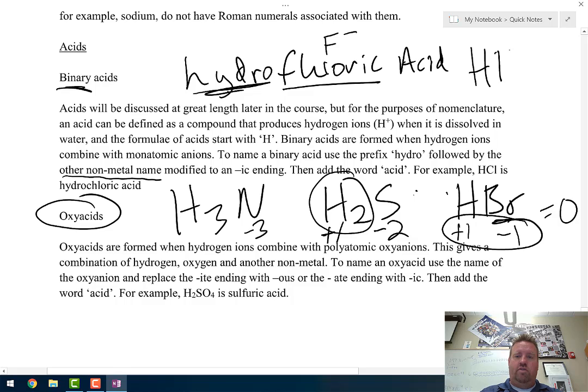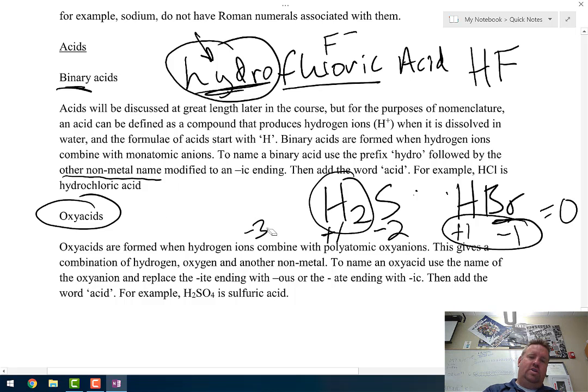So therefore, the formula is just HF. Anytime you're given a name and they want you to write the formula, if there's a hydro in the front of it, that's your giveaway right there, that must be a binary acid. Because again, the oxyacids do not have the hydro in the front.